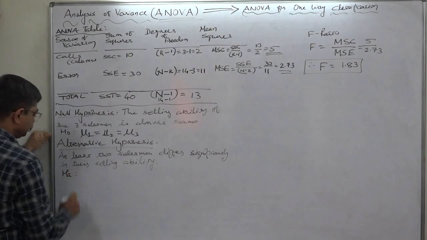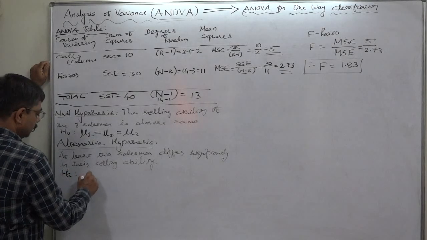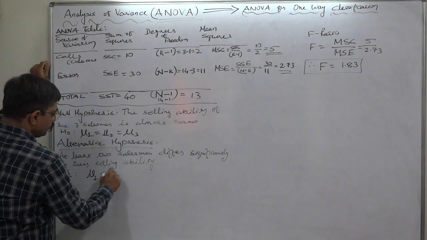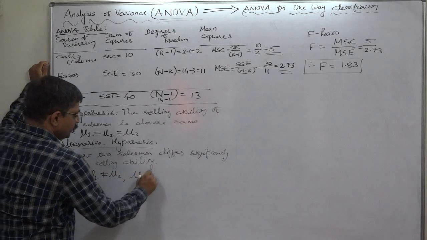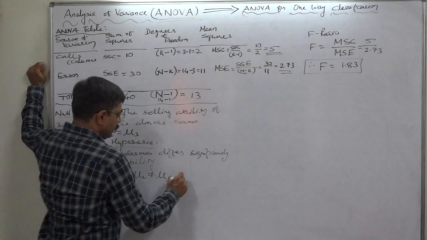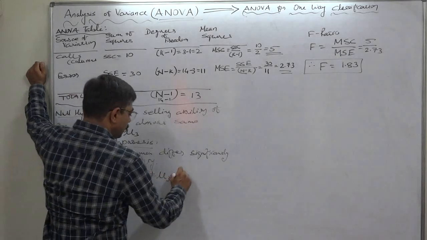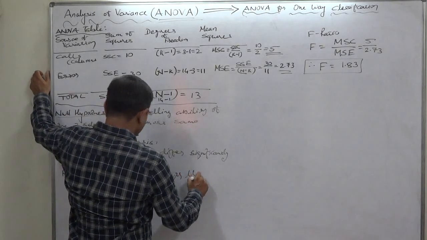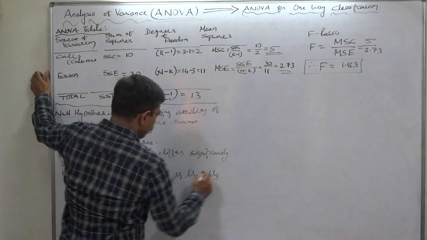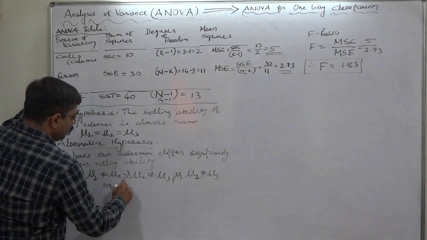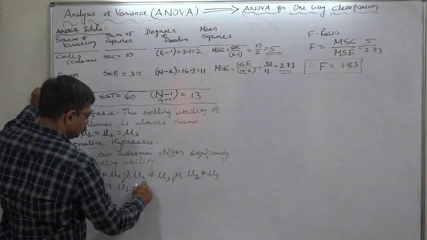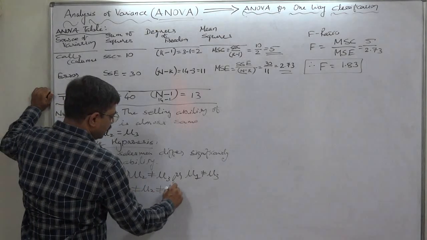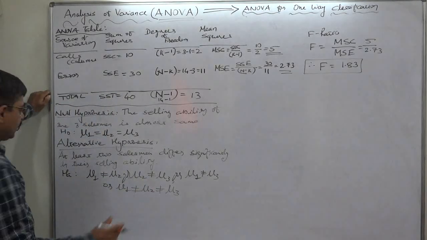HA is: mu1 is not equal to mu2, or mu2 is not equal to mu3, or mu1 is not equal to mu3, or all the three are different from each other, significantly different.